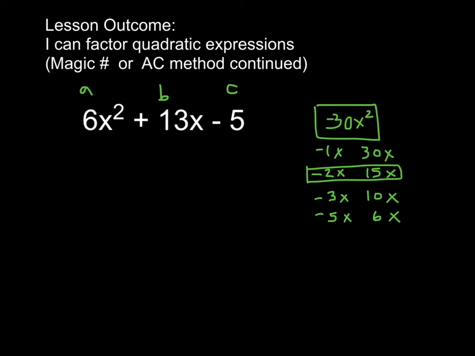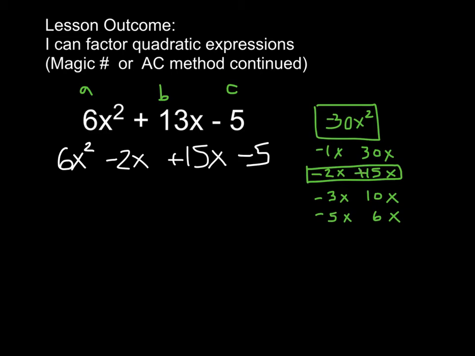All right, so we're going to go back over to our expression, and I take the A term and the C term, and I rewrite them, and again, I write them a little further out, so I've got a little more space here, because instead of one term in the middle, I'm going to put 2 terms. So minus 2x plus 15x. Again, I take these two things right here as they are and put them in here. If there's no symbol in front, it's plus. If you wanted to put the plus there, you sure could.